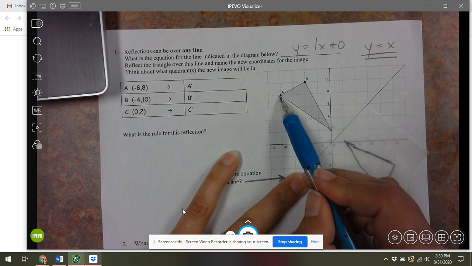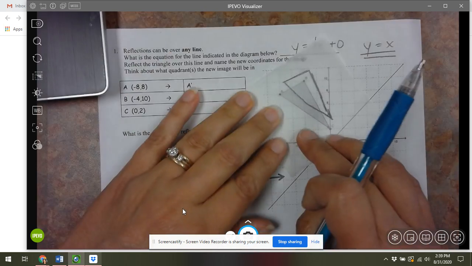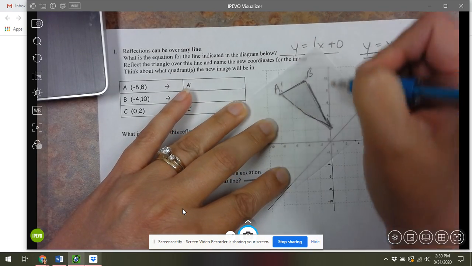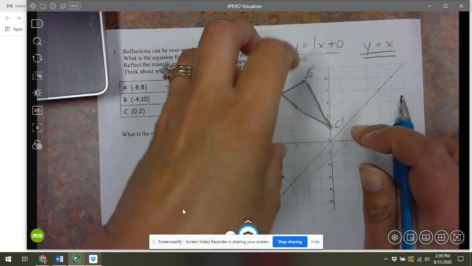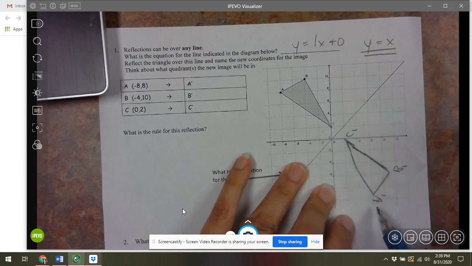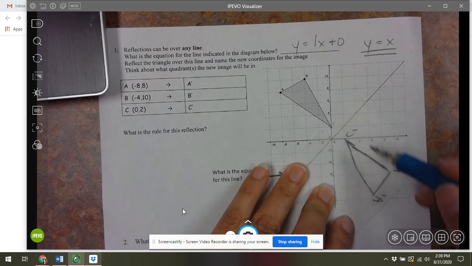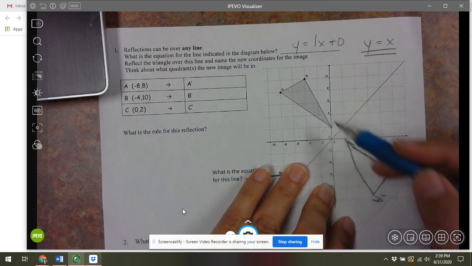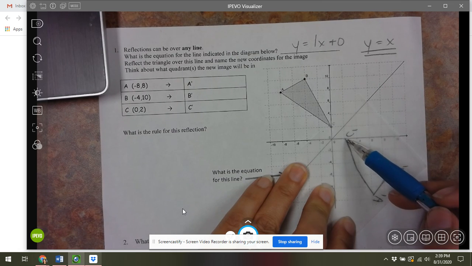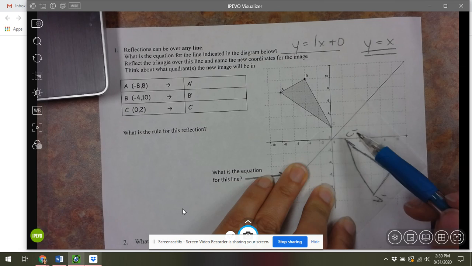This point, where was that? If I trace it, A prime will come down here, right? Flip over the line and come down here. B prime will come down here, and C prime will come down here.